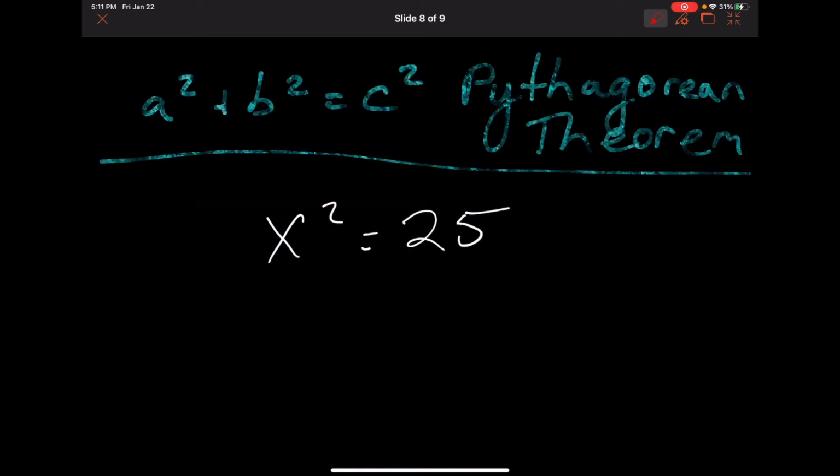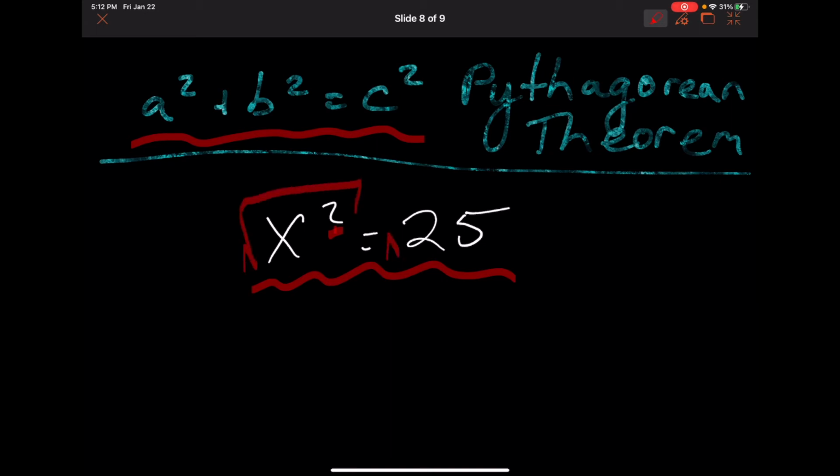All right, so I have my Pythagorean theorem here. If I'm looking at x squared equals 25, and I'm trying to solve this problem, how does this relate to the Pythagorean theorem? Well, if I'm trying to solve for x, the opposite of squaring is square rooting.